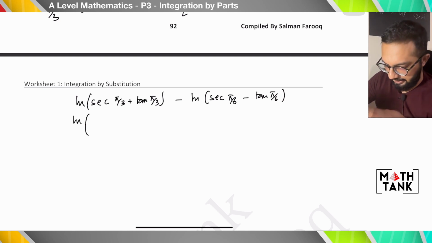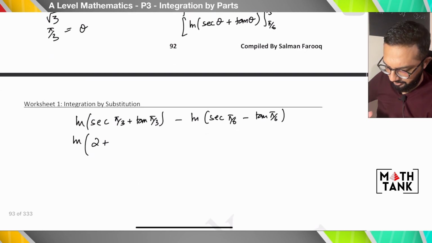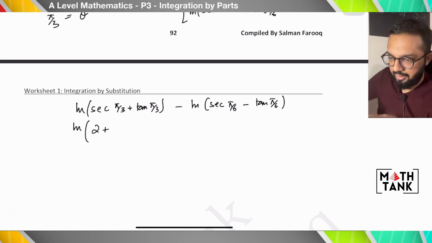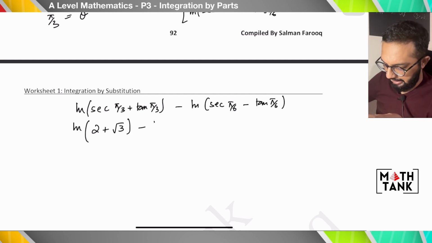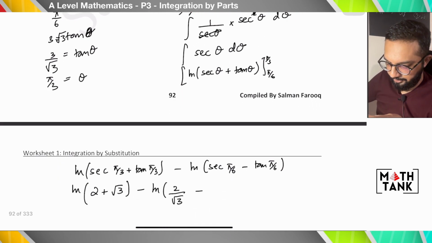Cos pi over 3 is basically half, so this should give me 2. And tan pi over 3 just came out to be 3 over root 3, which is basically just root 3. And sec pi over 6 is 2 over root 3, and tan pi over 6 is root 3 over 3.